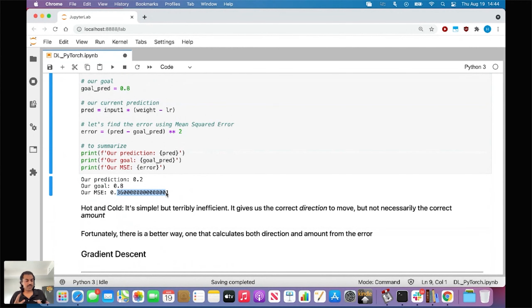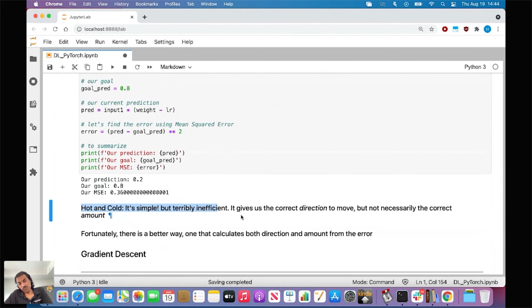This is a very, very simple way to get a feel of how the computer is going to think about this. It's going to try to add a little bit, then subtract a little bit, just to get that weight right. And then finally, it's going to say, I'm getting hotter and colder. But as you can probably tell, it's pretty inefficient. You'd have to do this a whole bunch of times to finally get in the right direction.